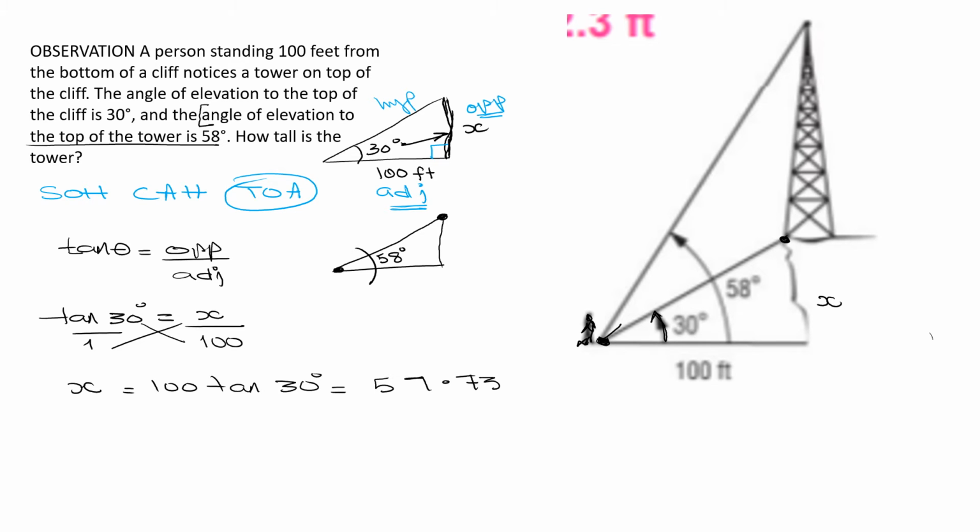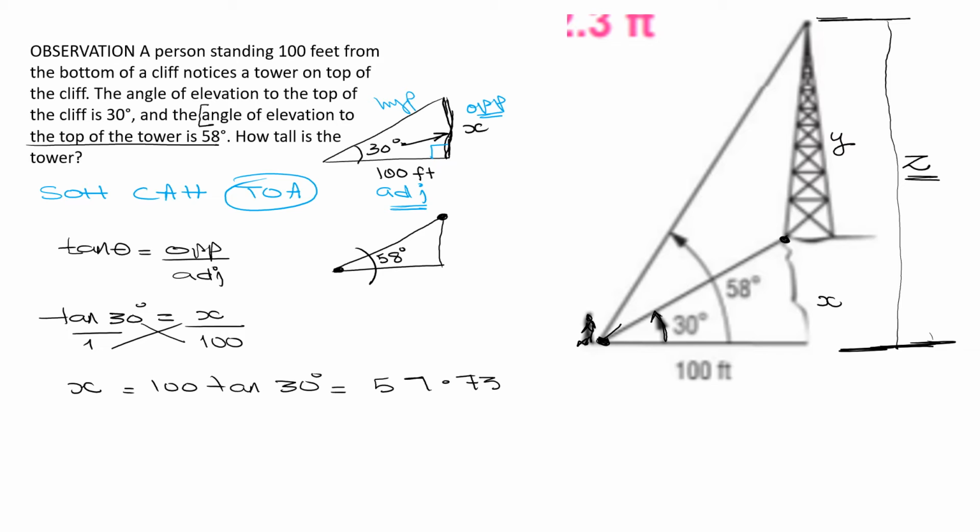Now the distance from the top of the tower to the ground where the man's feet are, let's say this is given by z. Why? Because the height of the tower we name as y.